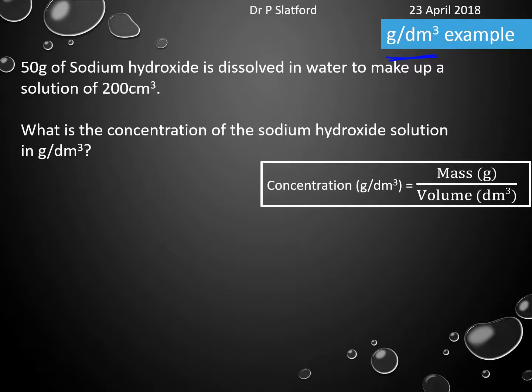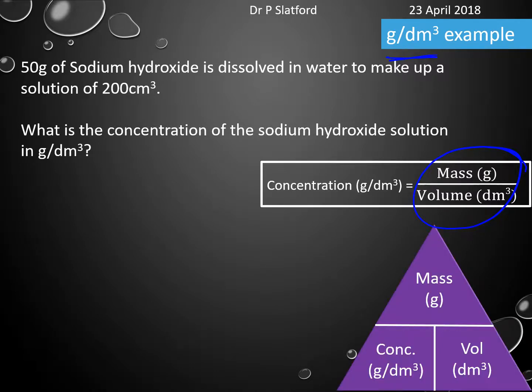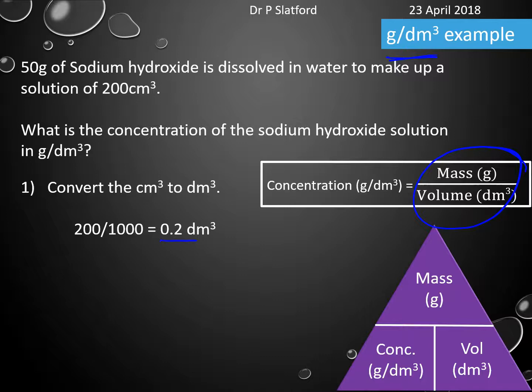Remembering that grams per dm cubed is mass divided by volume, you might find this equation triangle helpful. Some people do, some people don't. Then we need to convert our cm cubed to dm cubed. So it's 200 divided by 1000 in this case, and that equals 0.2 dm cubed.